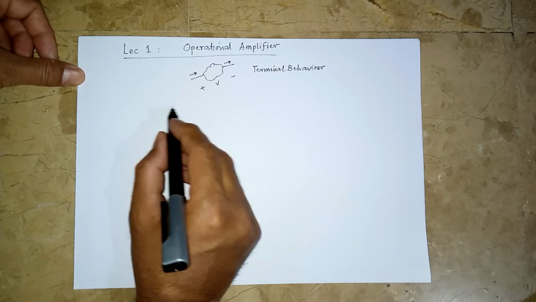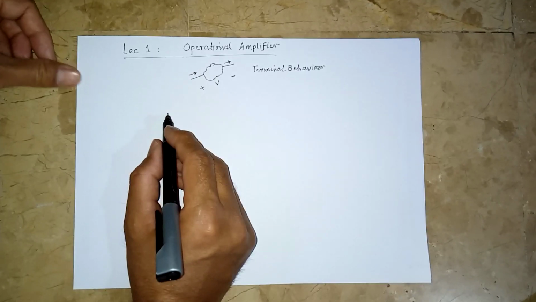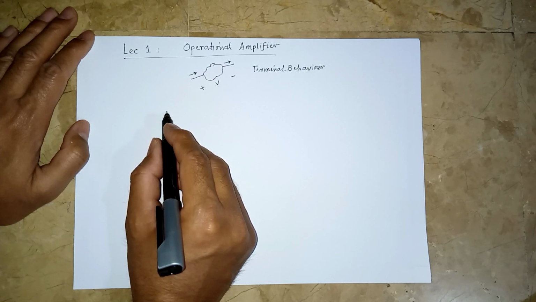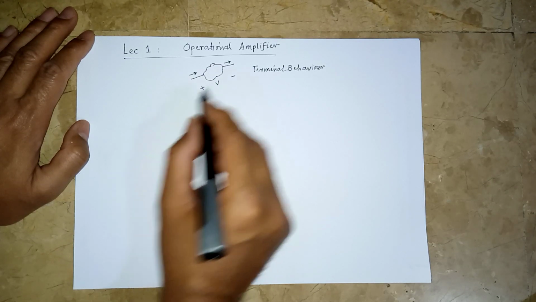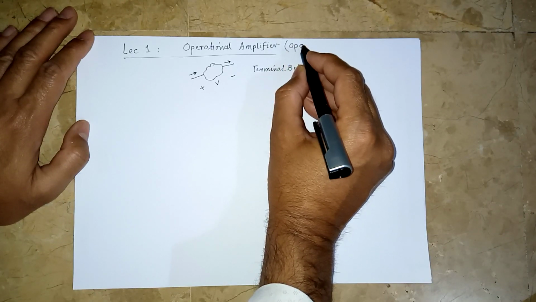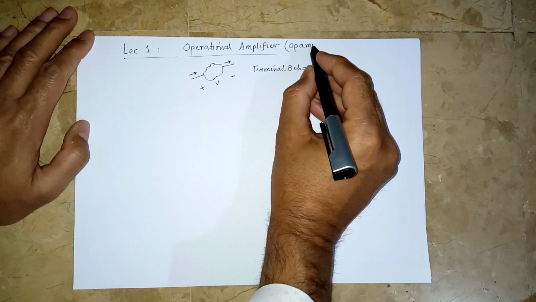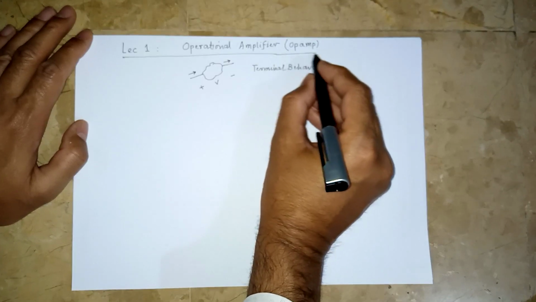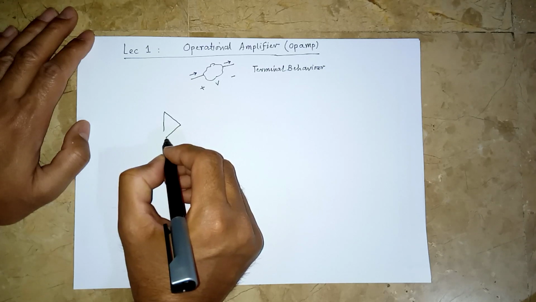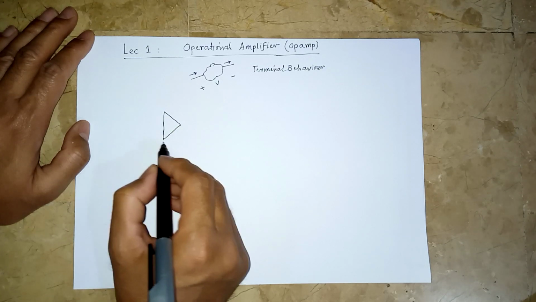So now we are going to study a new kind of circuit element, or component rather, that would be a bit different. An operational amplifier, commonly known as an Opamp in short, is a circuit component, and it no longer has two terminals.